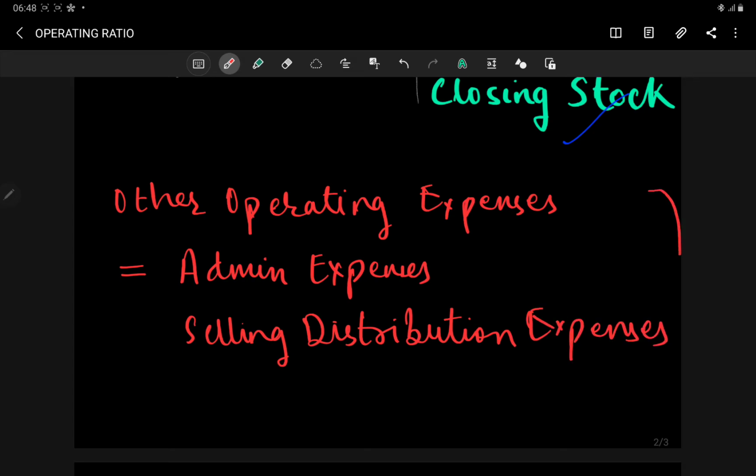These are the two things which could be included under other operating expenses.